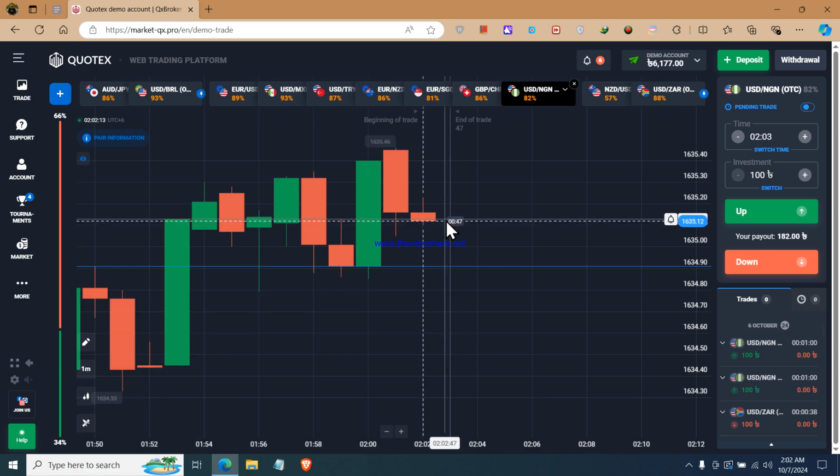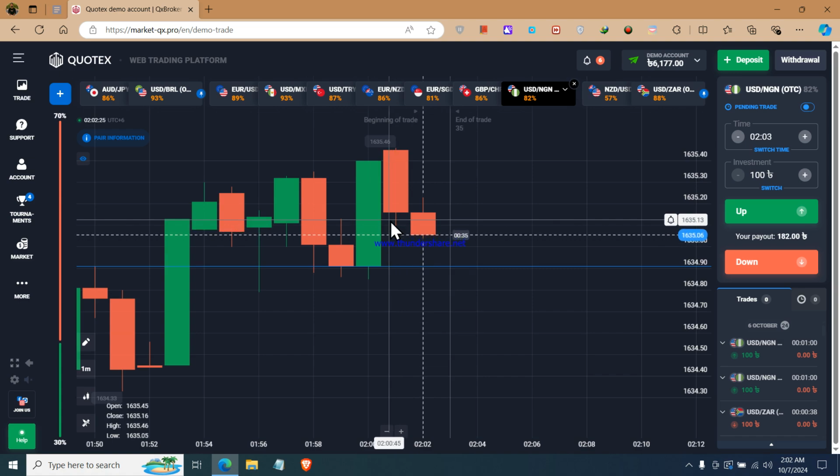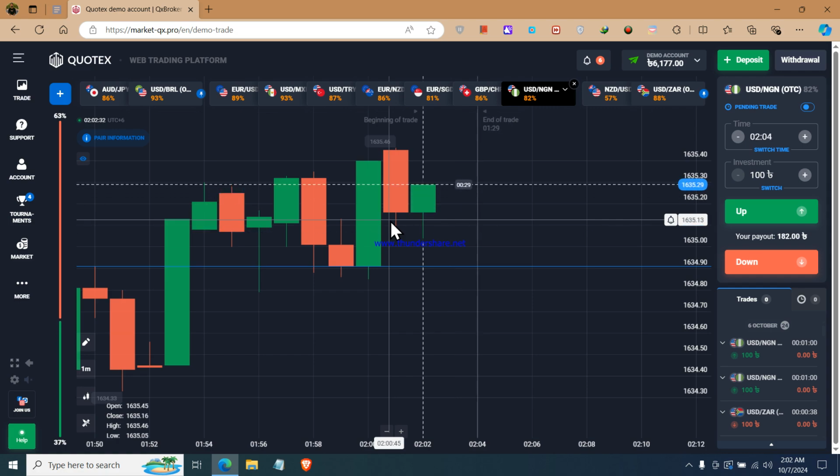If this candle becomes a green candle, then the next candle will be a sure green candle. This candle just needs to be a green candle.